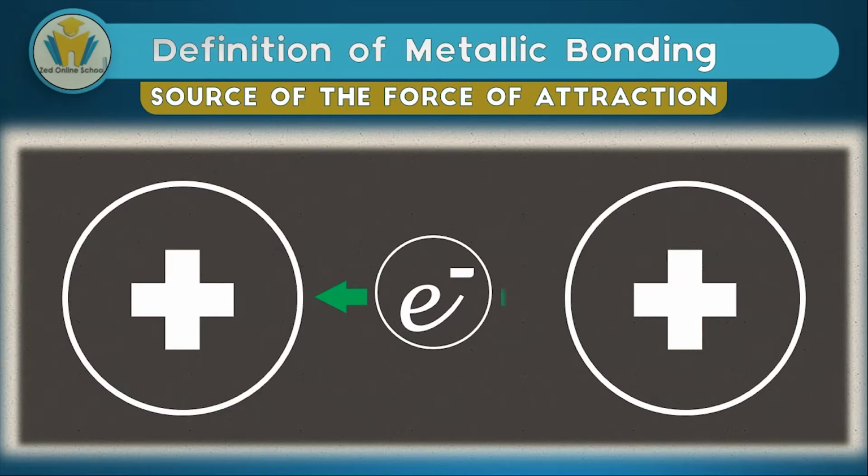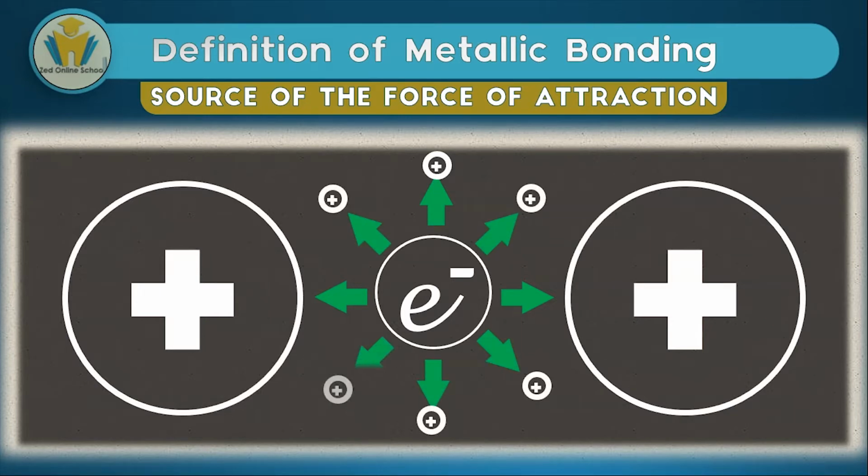However, there will be many metal ions attracting each electron. So, these electrons and the metal ions will just have that force of attraction between them. The metal ions won't be able to fully attract the electrons back into their shells, but they'll just be held together because of this attraction. That's how the force of attraction comes about.